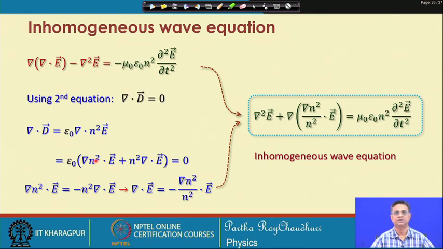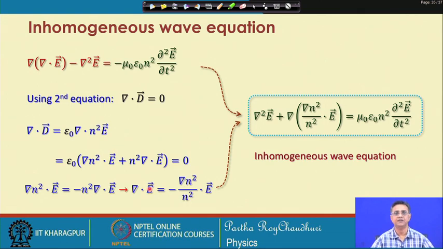So, this quantity must be equal to minus of the other, that is, del n square dot E equal to minus n square del dot E, which gives you del dot E equal to minus del n square by n square dot E. So, this time it is not 0, which was 0 in the case of a homogeneous medium.